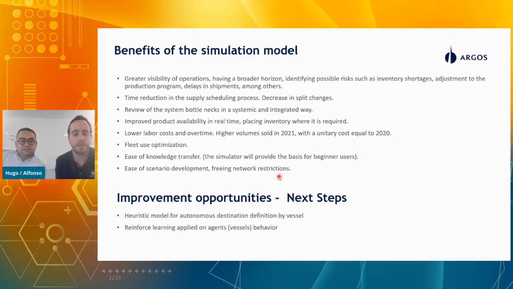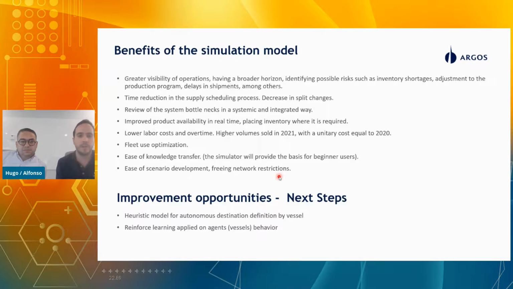We have identified also lower labor costs and overtime with a higher volume sold in 2021, and the unitary cost has been kept equal to what we had in 2020. Fleet use optimization, ease of knowledge transfer, as I explained before.